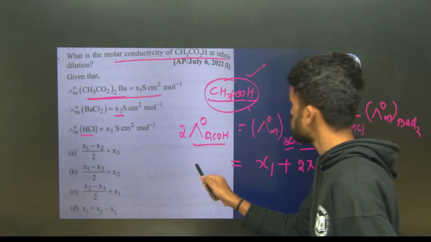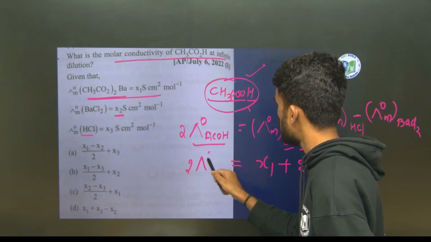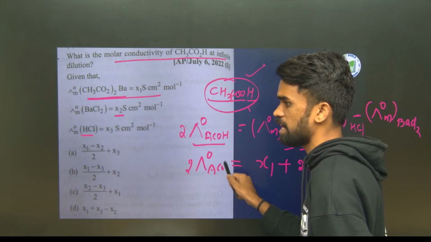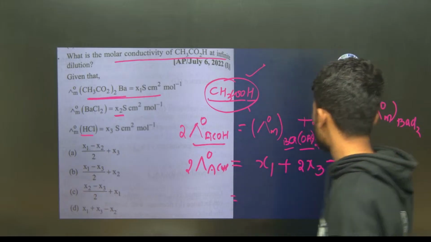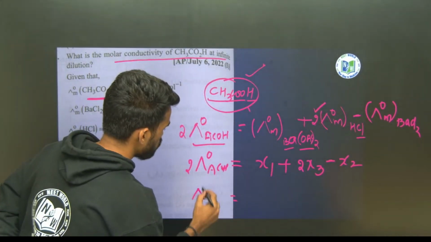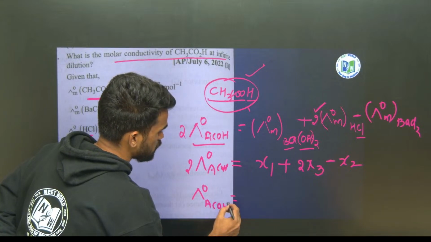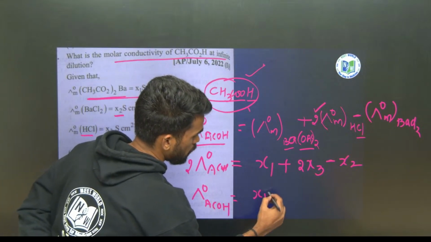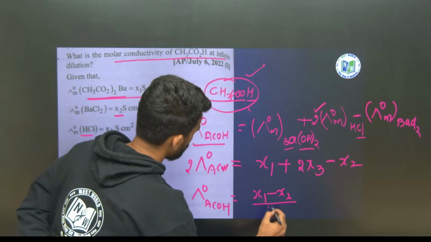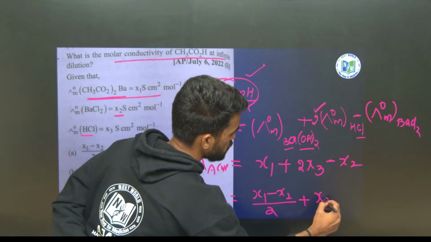This equals 2 times the limiting molar conductance of acetic acid. So the limiting molar conductivity of acetic acid is equal to (x1 minus x2)/2 plus x3. This will be your answer.